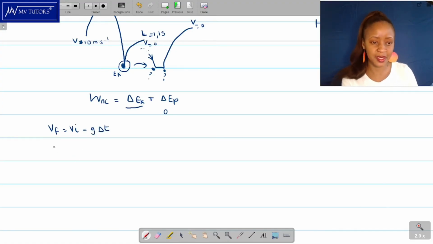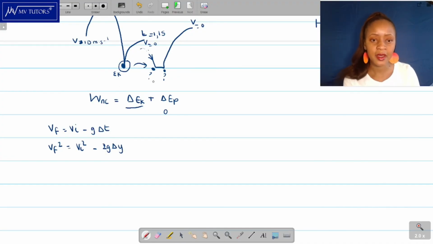Are we going to use this, or are we going to use final velocity squared equals initial velocity squared, plus, oh actually it's minus 2g delta y.